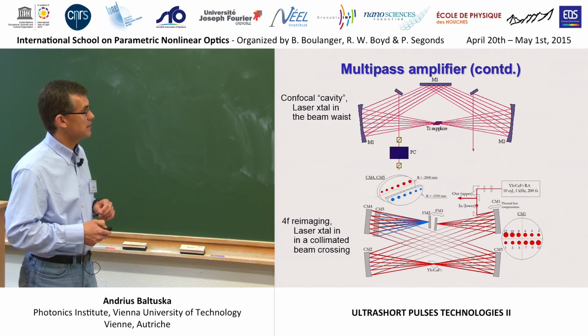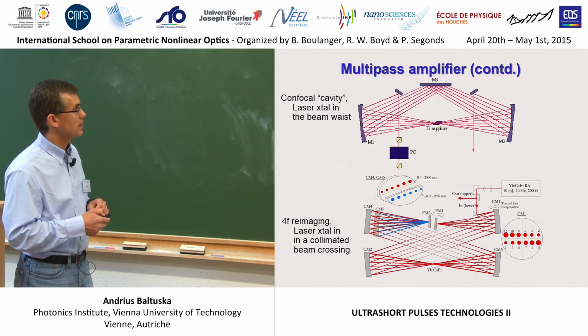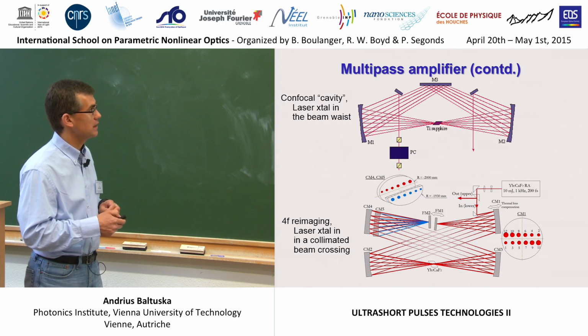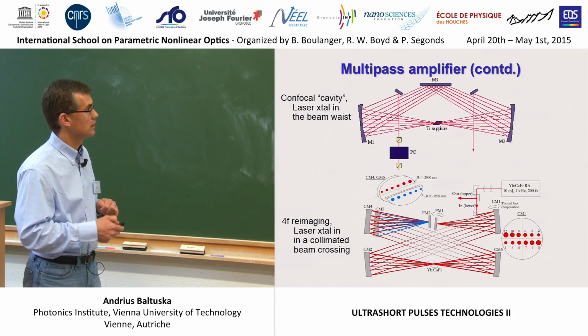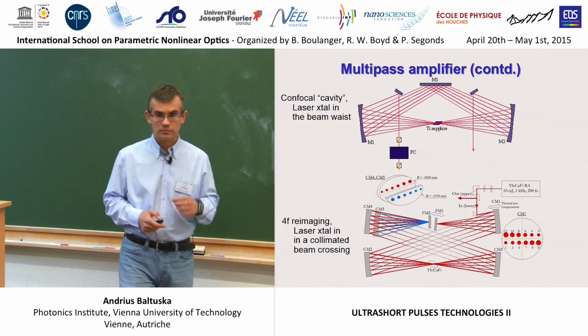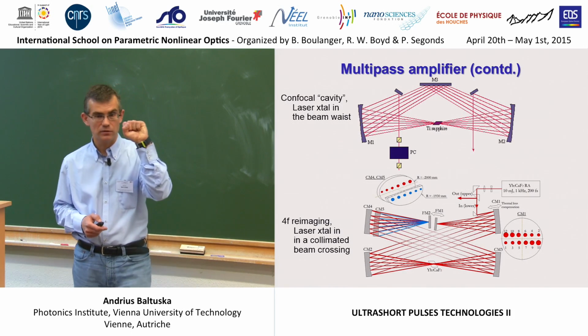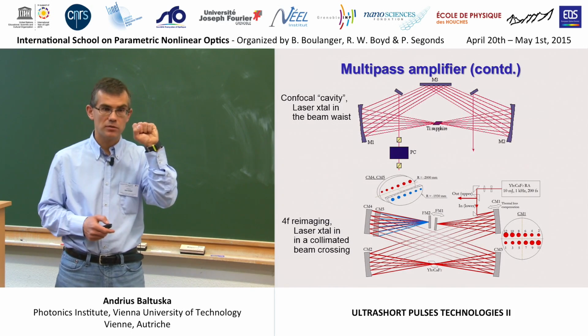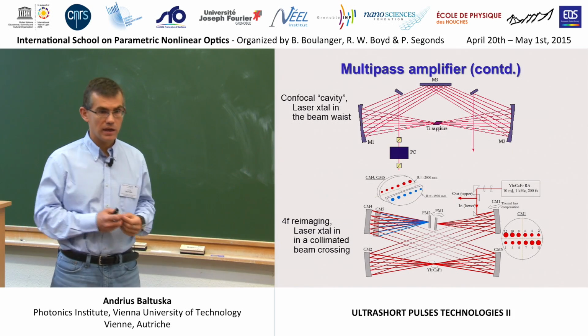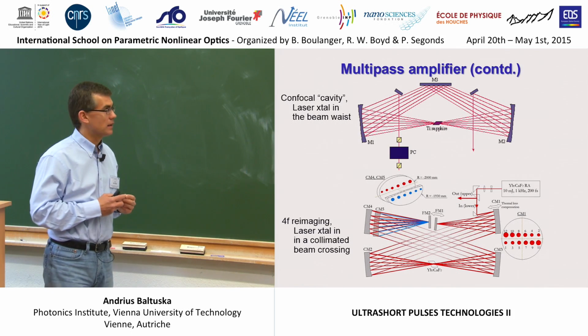So, continuing on the multipass idea, you can have different types of arrangements. You can have a sort of cavity-like arrangement using a confocal fold. The problem with the confocal fold is that the beam size in the focus is limited. If you want to build a high-energy system, you would need to dimension the system accordingly.